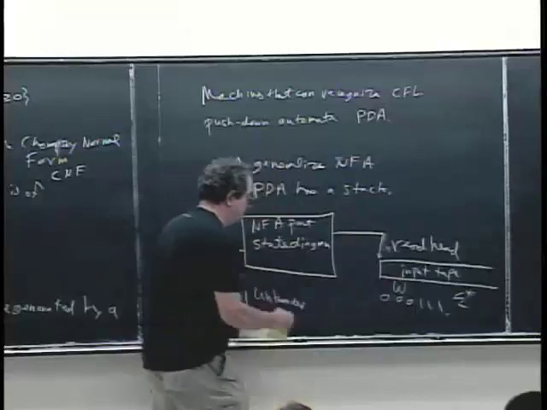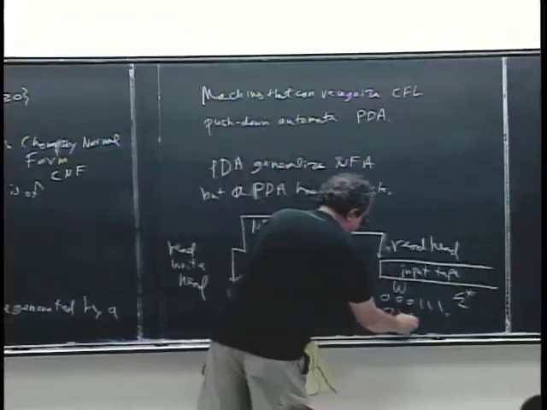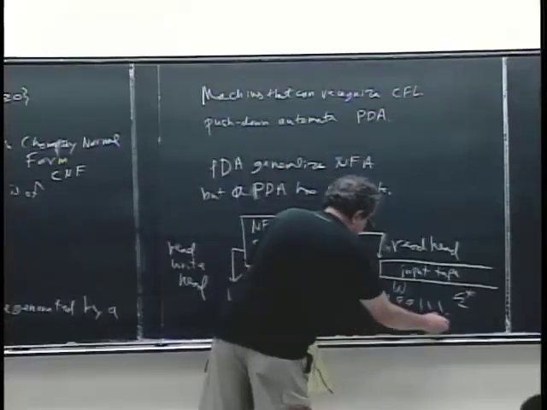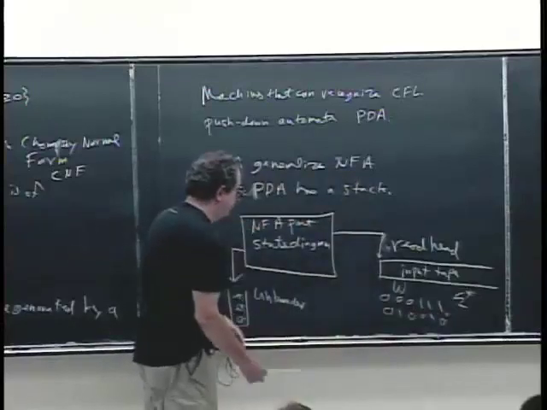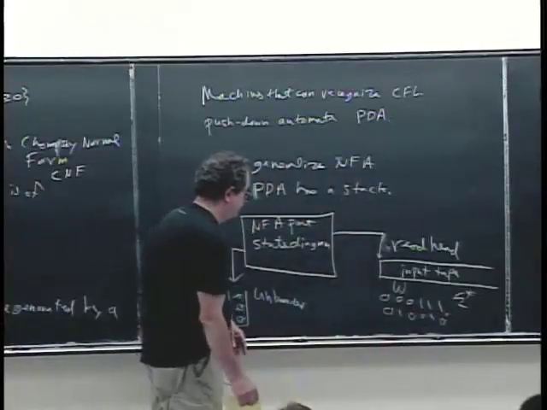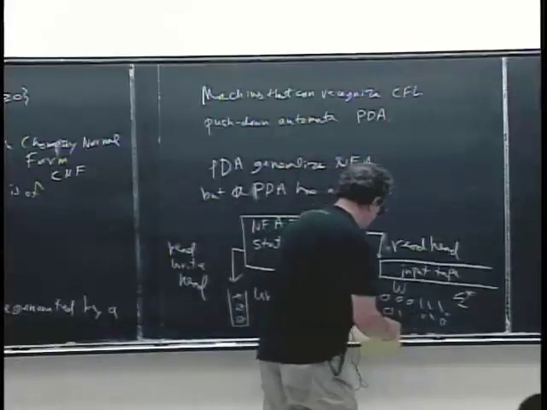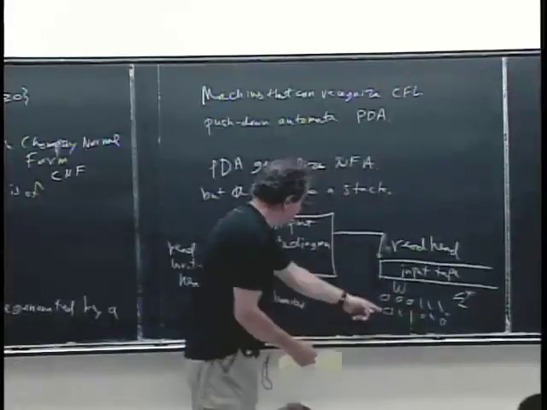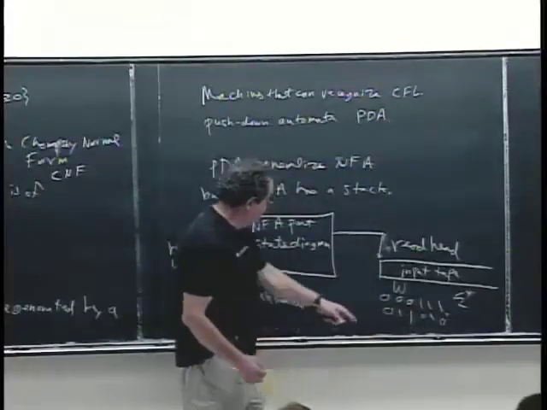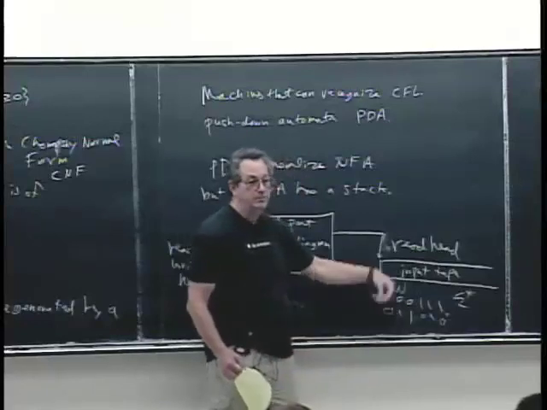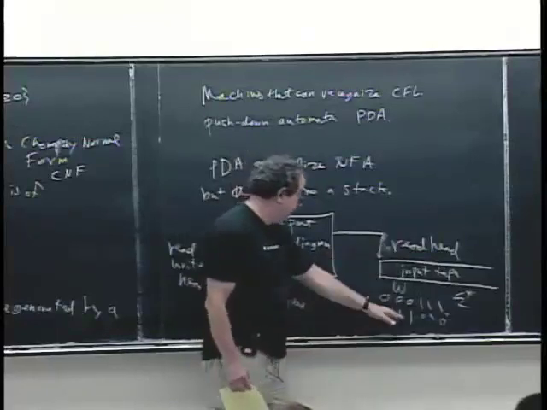Now, what would happen if you had something like that? Actually, let me just make it a little bit more like that. So you would stack a 0, and then you would see a 1, and you'd pop, and that would be fine. You pop the 0.